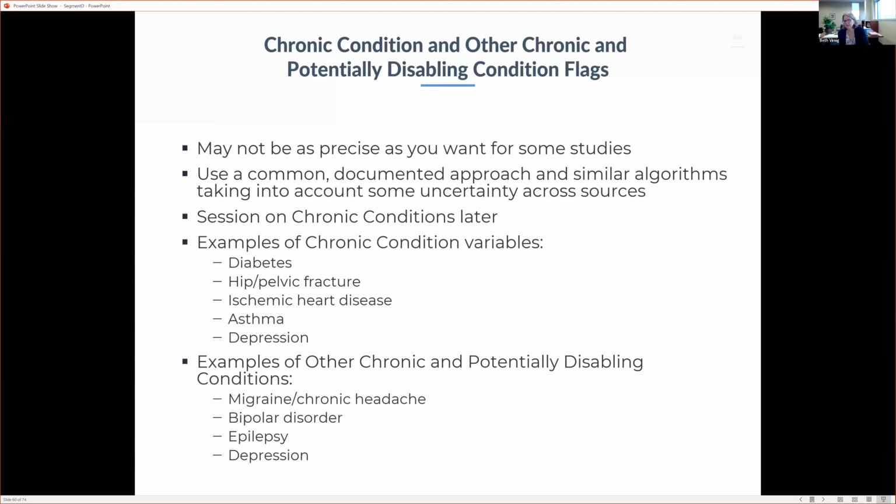Just remember, and again, Nate will talk about it tomorrow, and since I'm behind, I'm going to go a little bit faster. These may not be as precise as you want, but they do use a common documented approach. If they're well documented, you can see this, but just do know they have conditions like diabetes, hip fracture, asthma, depression, epilepsy, and so on.